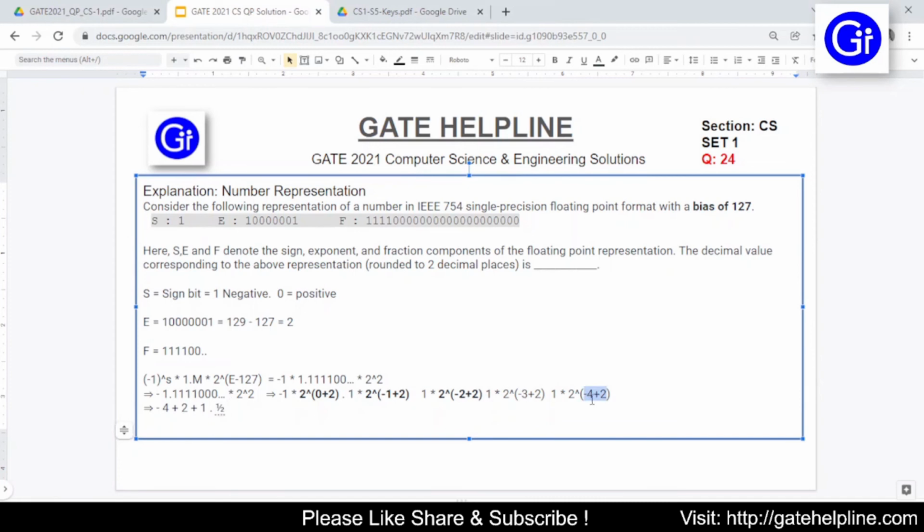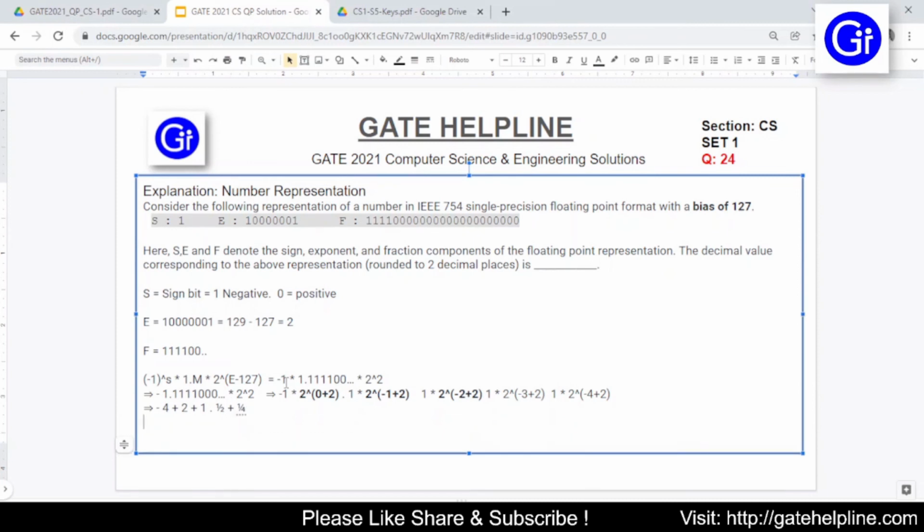And the next value is minus 4 plus 2, that is minus 2. So it will be 2 raised to power minus 2. So it will be 1 upon 4. Both these values will be in plus.